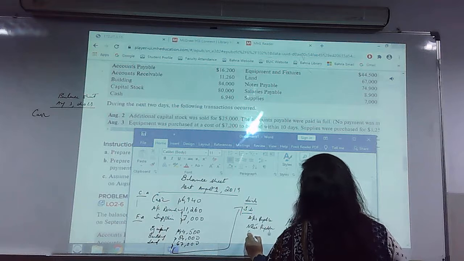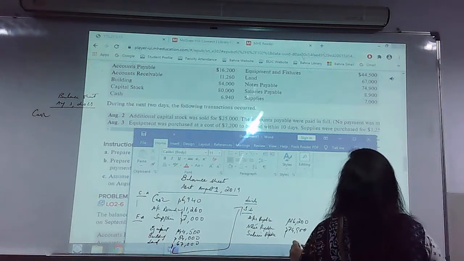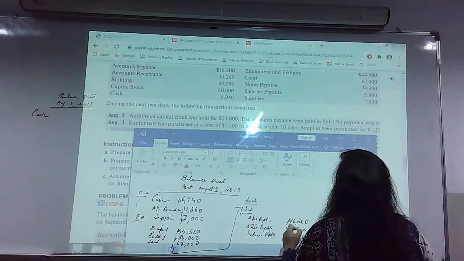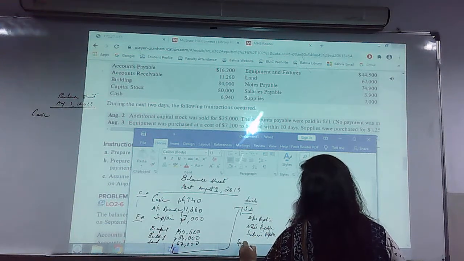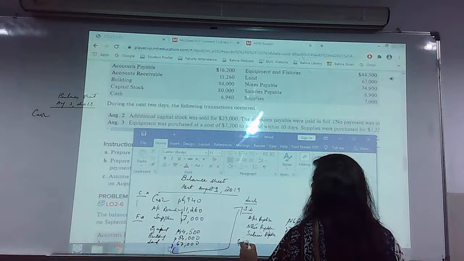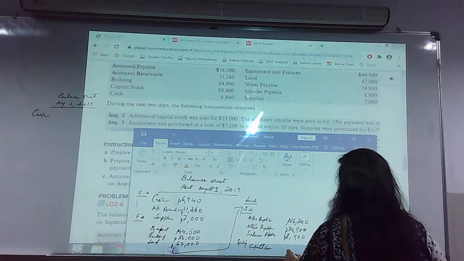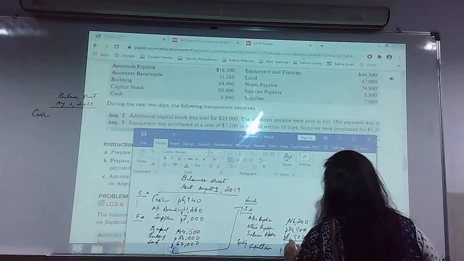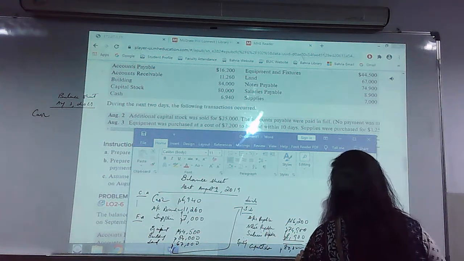You have salaries payable for $8,900. And then you have equity. Equity is capital stock, but you could also have retained earnings. So capital stock is $80,000, and you want to add this first as a subtotal. This is going to be your subtotal, and then you add this as a grand total.